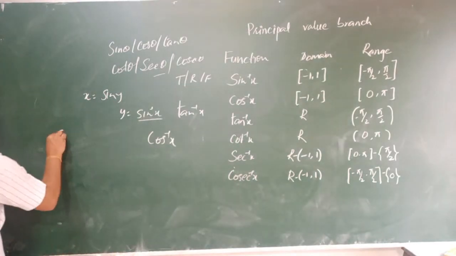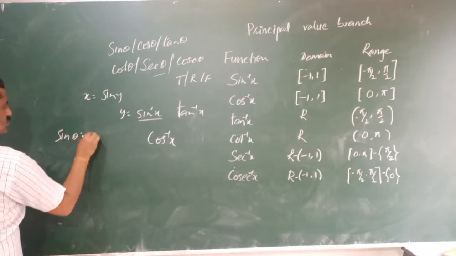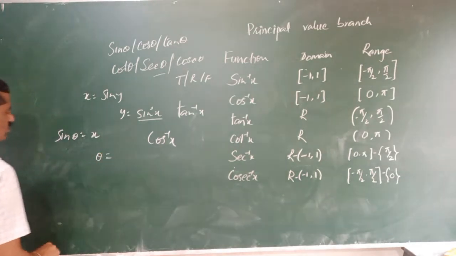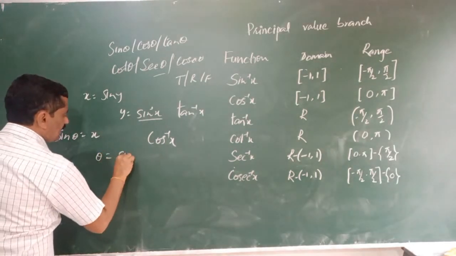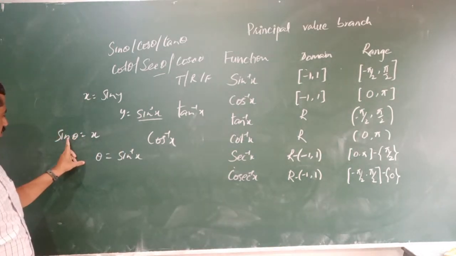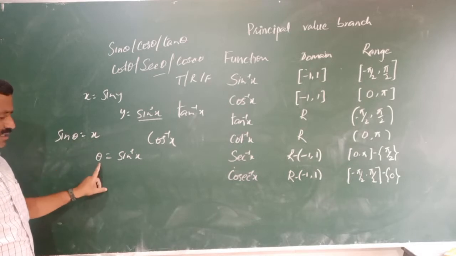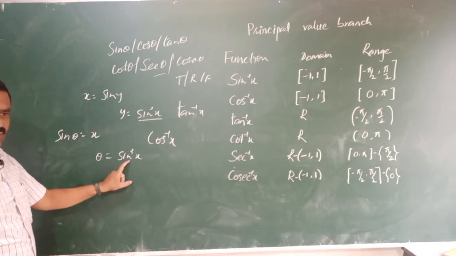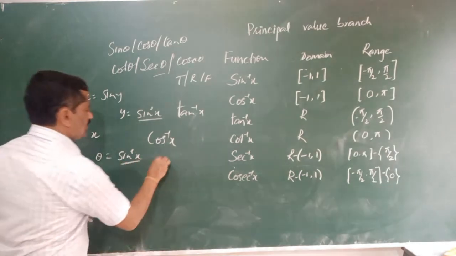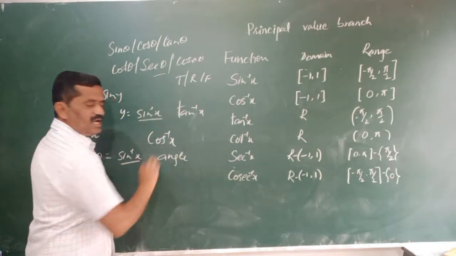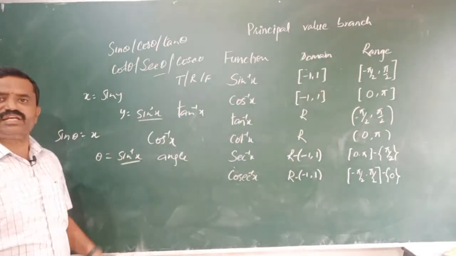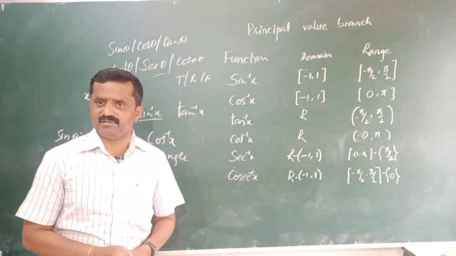If sin theta is equal to x, then what is theta? Theta is equal to sin inverse x. Sin theta is equal to x, then theta is equal to sin inverse x. Here sin inverse x is the angle for which the sine ratio is satisfied.